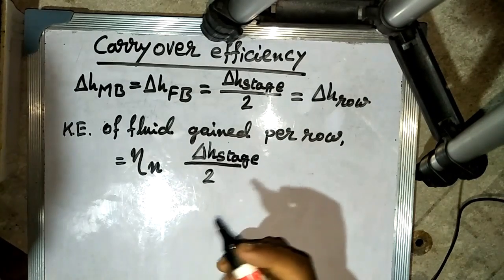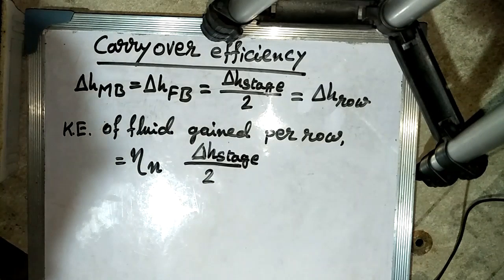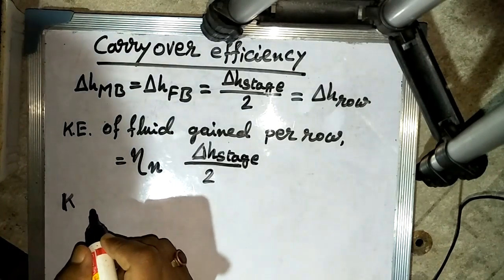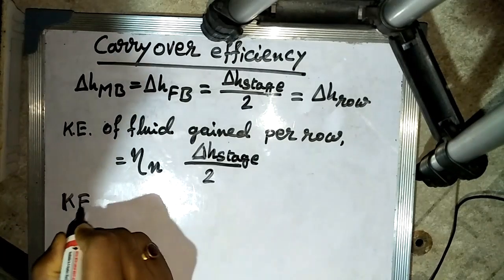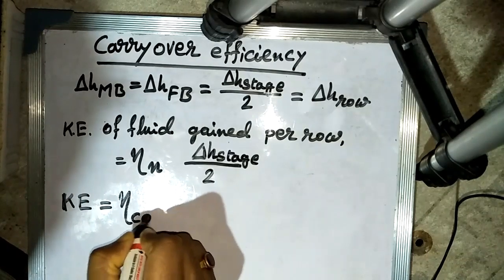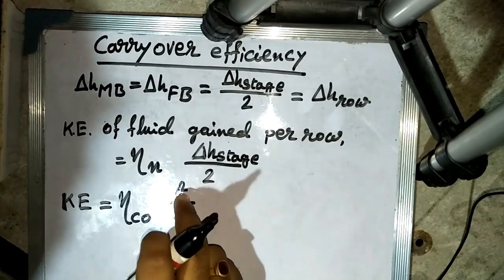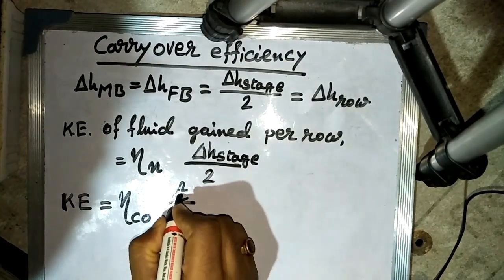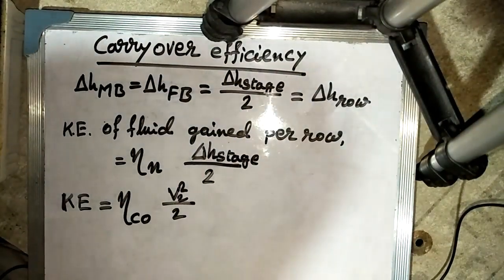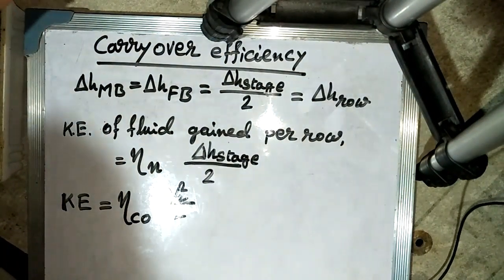Hence, the kinetic energy leaving from one stage and available to the next stage is given by CO into V2 square by 2, where CO is the carryover efficiency. Now, from the energy balance for the fixed row of blades, once again.